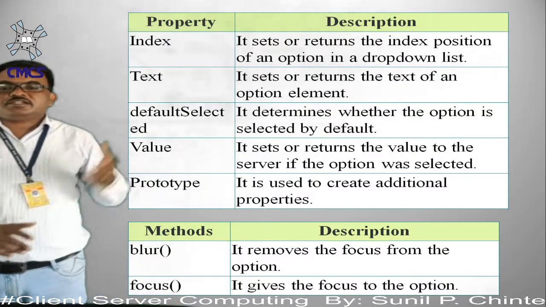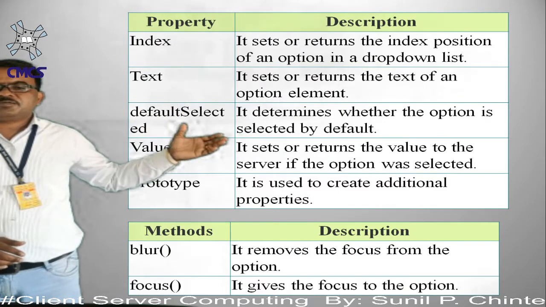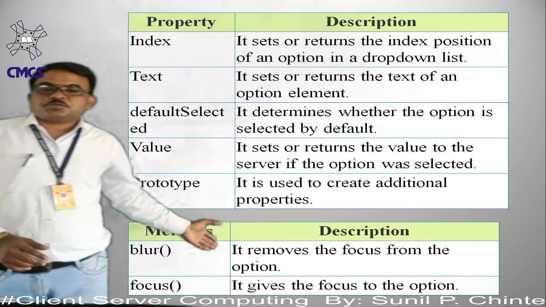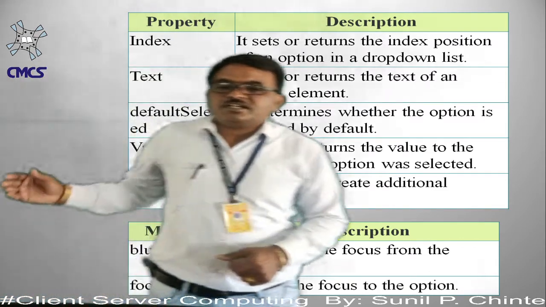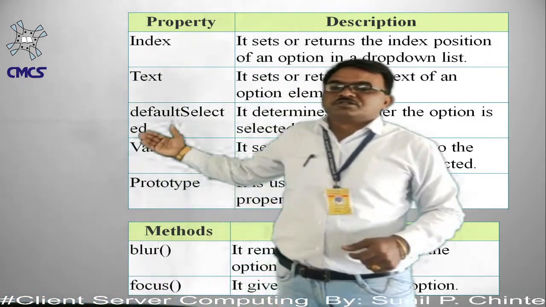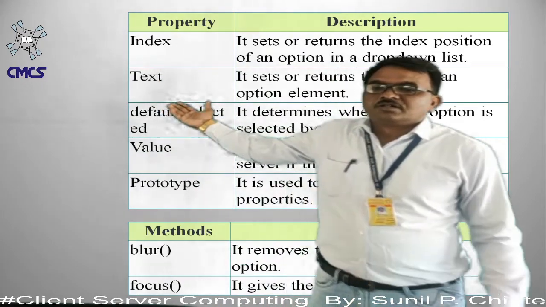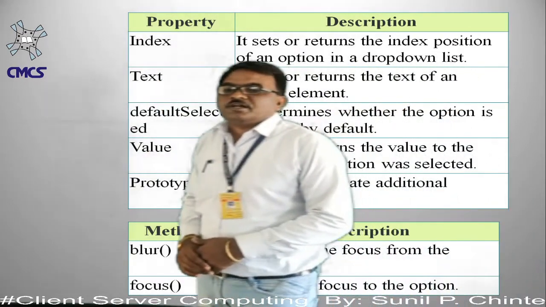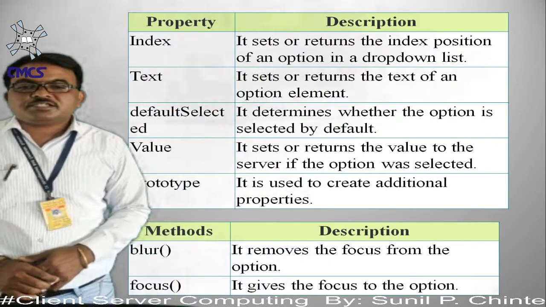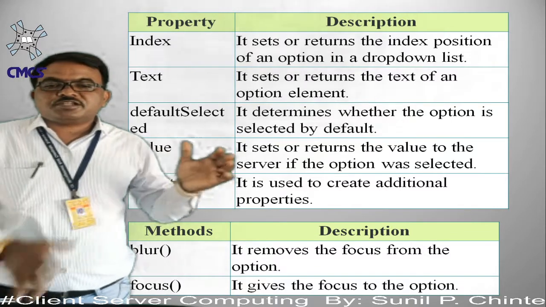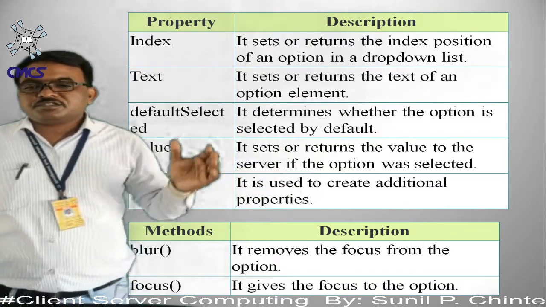Okay, so it has the index property, text property, default selected and value properties. The index property sets or returns the index position of an option in a drop down list. Text property sets or returns the text of an option element.